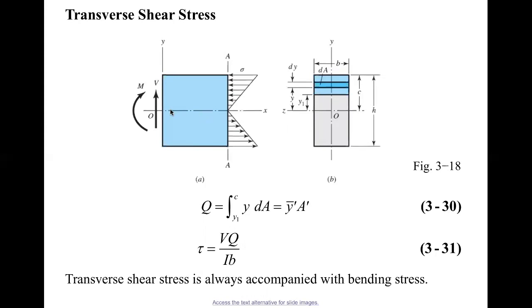How about the shear stress? For shear stress, we use this equation, transverse shear: tau equals VQ over Ib. Q equals the first moment of the area, and I is the second area moment of the area.